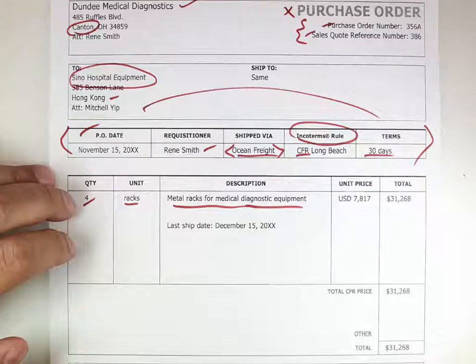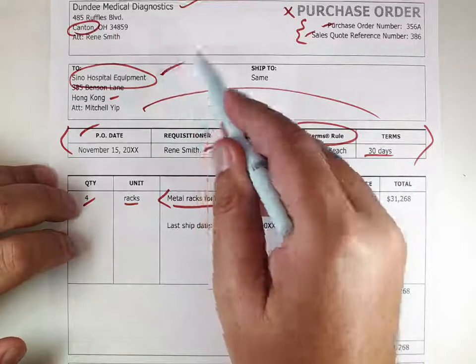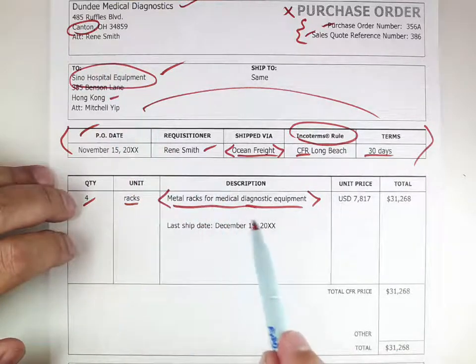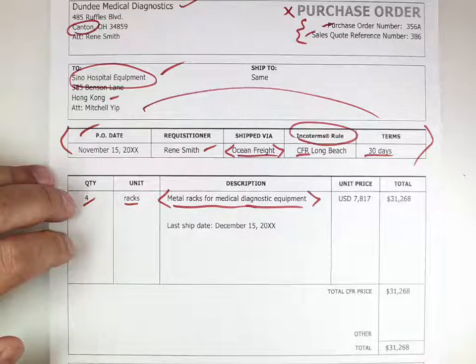But when you think about things like classifying merchandise for customs clearance, determining harmonized system numbers for that classification, presenting information to, in this case, U.S. Customs and Border Protection, this is so important, because that same product description, when goods actually move, Sino Hospital has to put that description on their commercial invoice, so we as the importer can classify the goods and determine if we owe any customs duties and clear through customs.